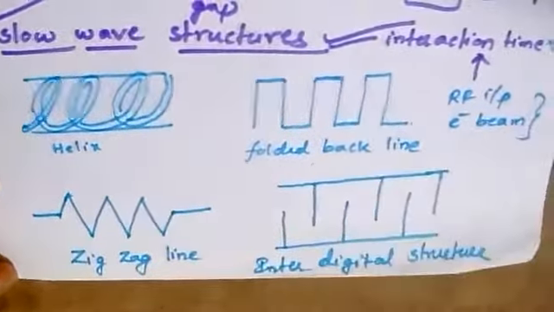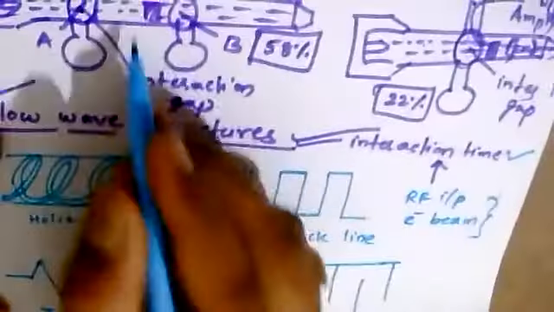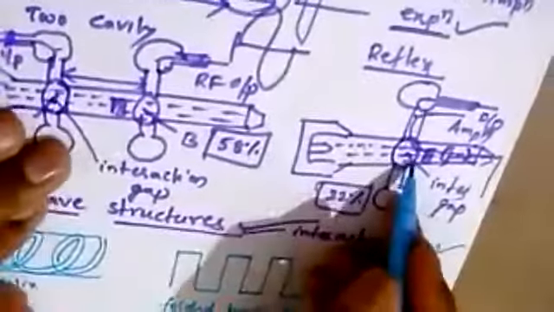But in the case of the two cavity klystron and reflex klystron, there is only a small part of time where the interaction takes place between the RF input and the electron beam. So the interaction time is very small.